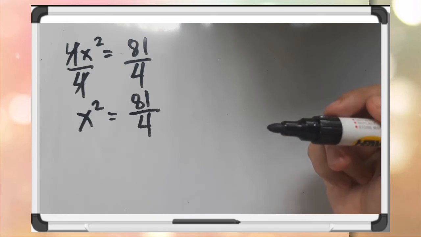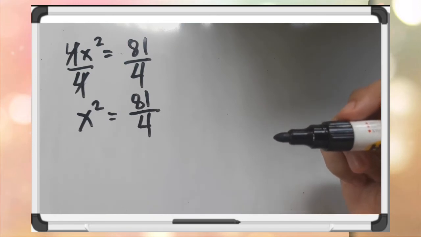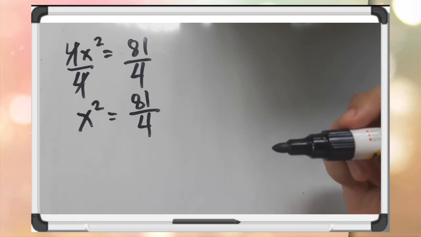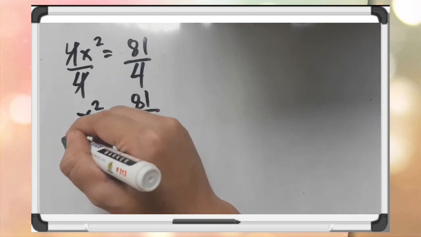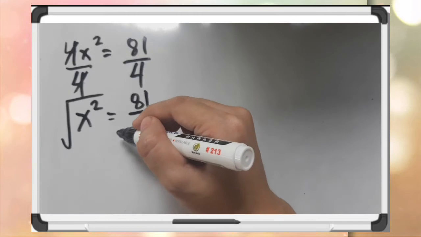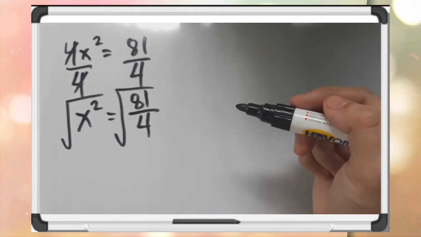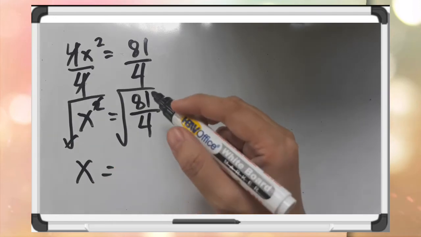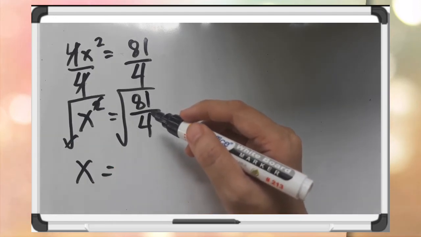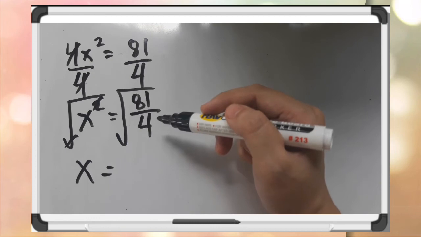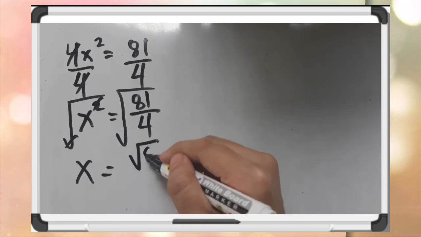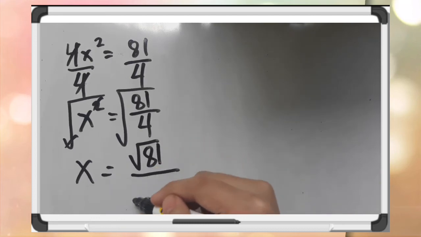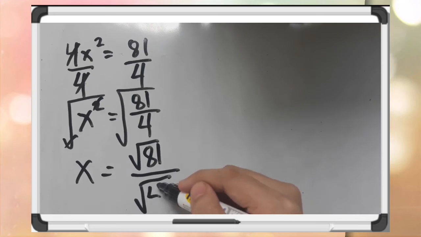After dividing both sides by the value of a, we will now proceed to extracting the roots of each side. Get the square root of both sides. The square root of x squared is x. In square rooting a fraction, we will just get the square root of the numerator over the square root of the denominator.